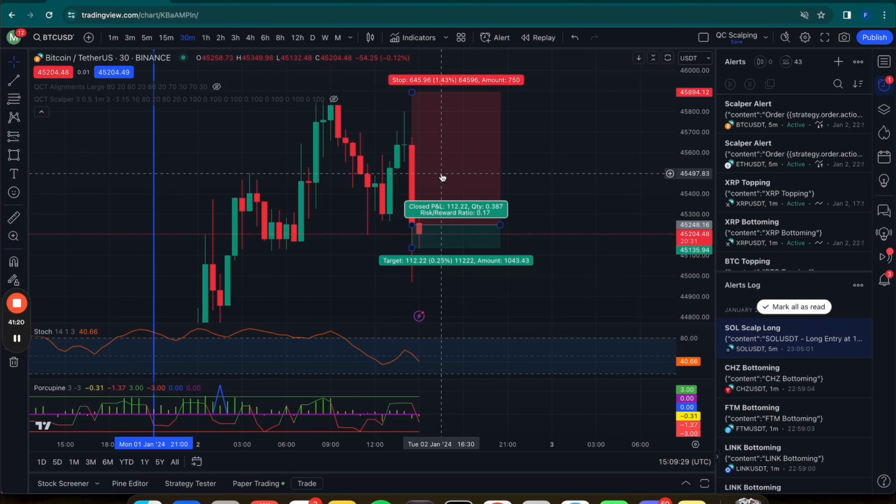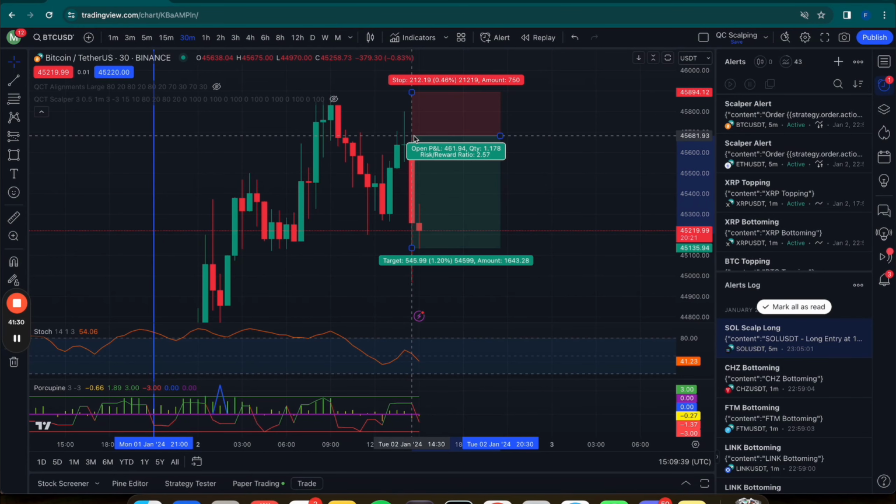So by default, compare trader 1-to-1, they're doing the same trades. Well, the one with the 0.17 risk to reward ratio compared to the one with the 5x risk to reward ratio, the one with the 5x will always win. Over a period of 20 trades, they'll always win.